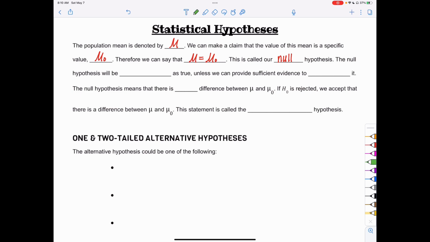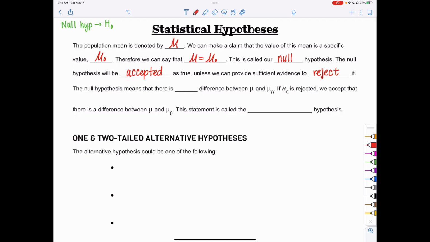Okay? And our null hypothesis is normally denoted by the letters H sub 0. All right. The null hypothesis will be accepted as true unless we find or can provide sufficient evidence to reject it.